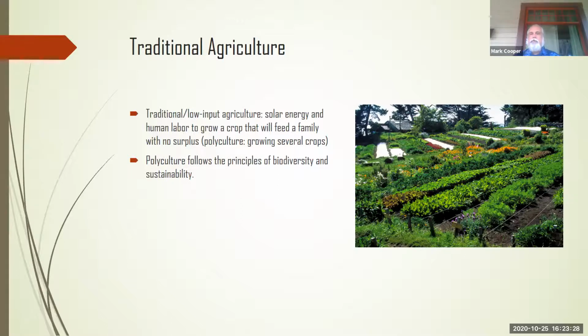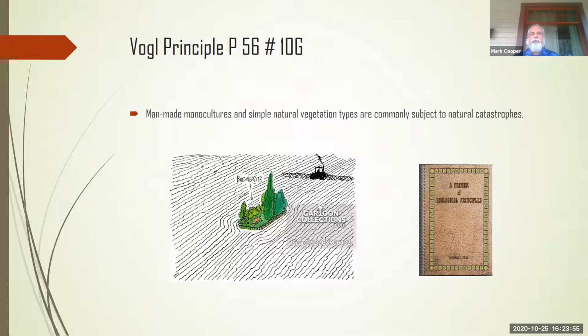You would grow multiple crops for the family or for the city or town or whatever you're talking about. Again, if a disease comes in, it's going to be different because it may affect only one of the crops, and you still have others to support people there. So polyculture is always a good idea, and that's old school, what they used to do.